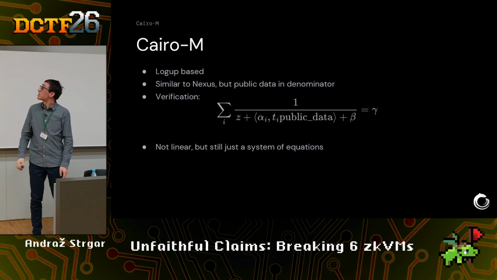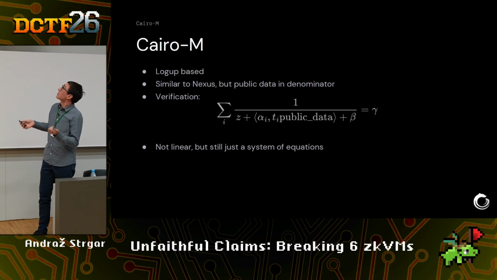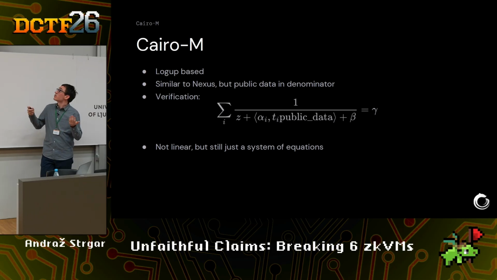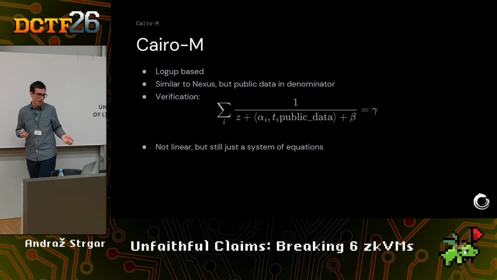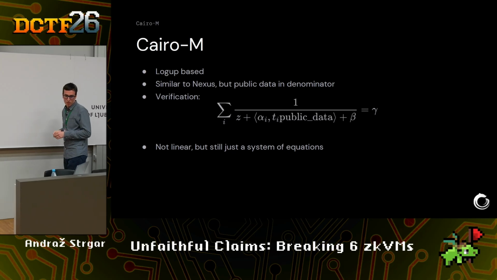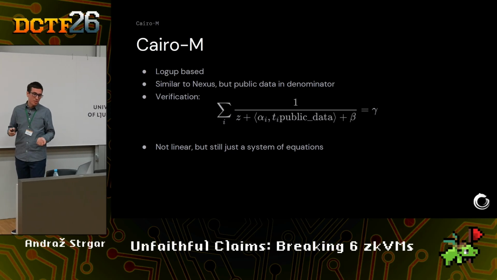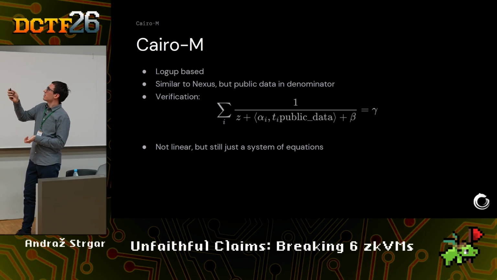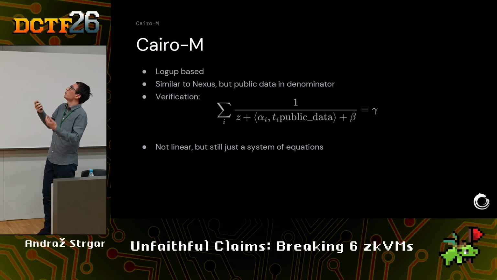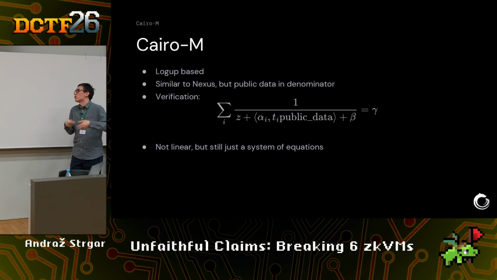So I'll speed up a bit because otherwise it will get very repetitive. Cairo M is another similar system based on the logup argument. Here we have an even uglier expression in the denominator. And the equations are not linear anymore because the variable that we can change is in the denominator, but still it's just some equations.